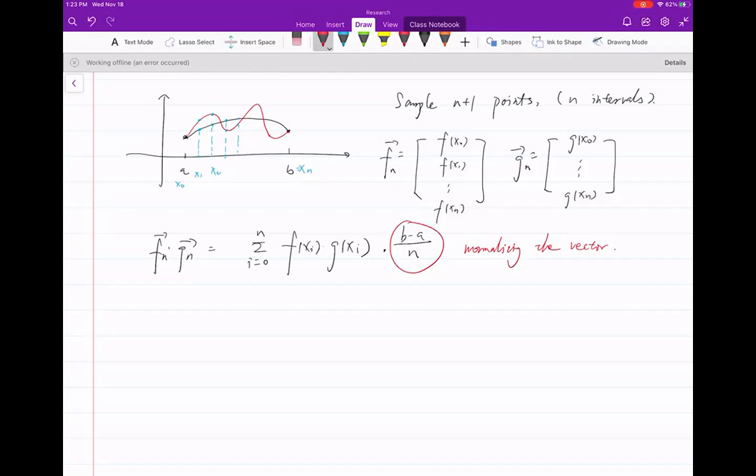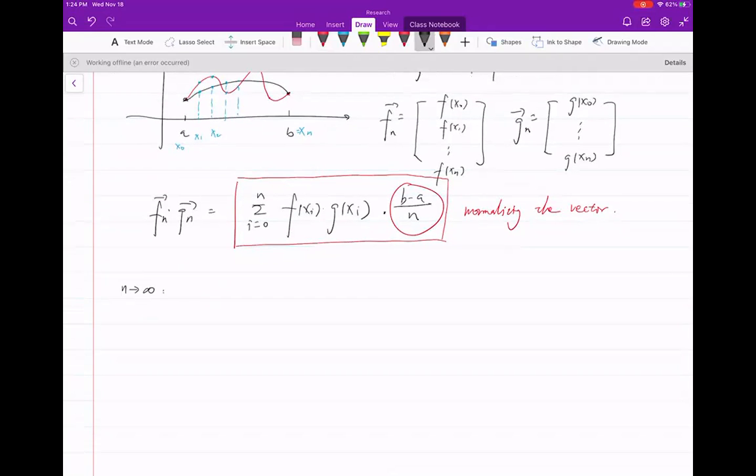Okay. Now, what's this? If you let n go to infinity, does it look familiar?